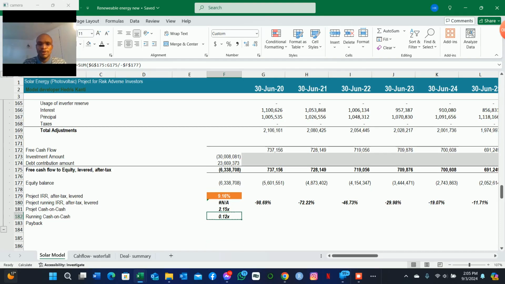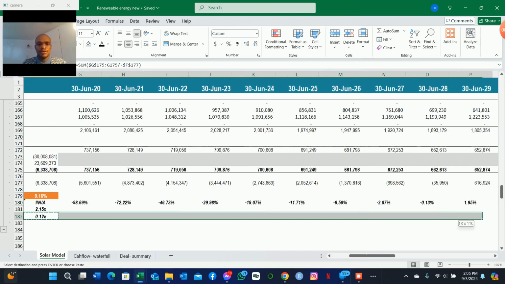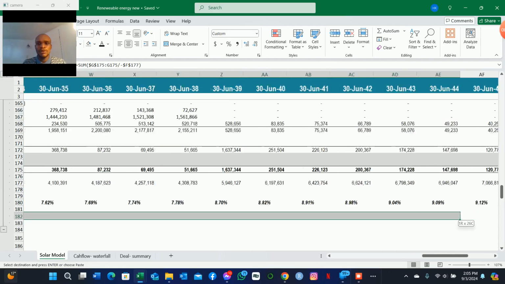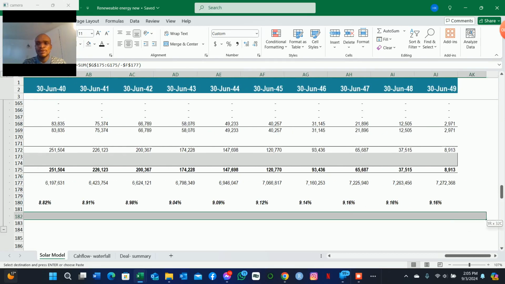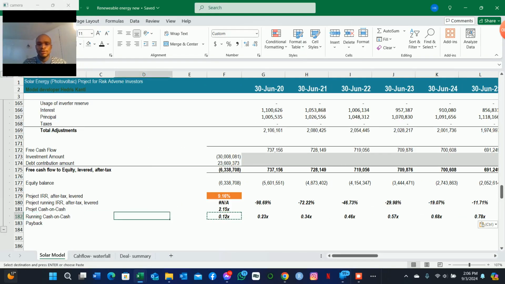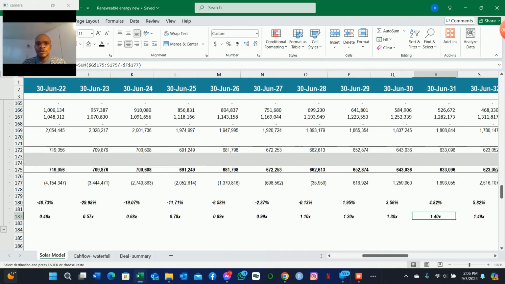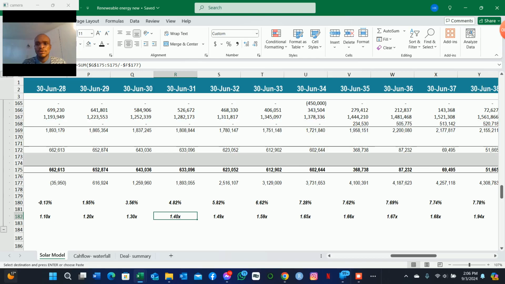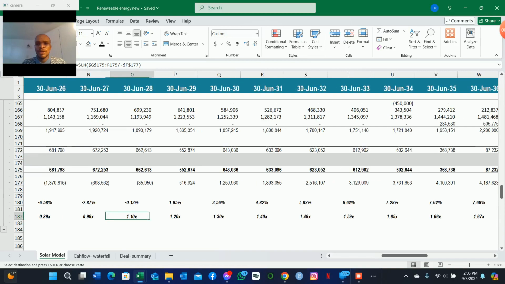We can take this all the way to the end of the project life. As you can see, the year-to-year running cash on cash goes above 1 times when this project breaks even, as we would expect here.